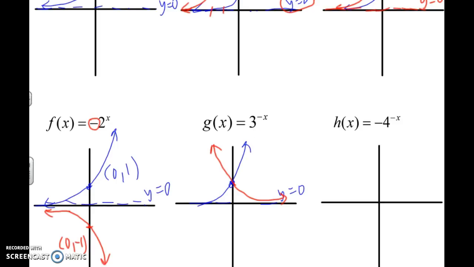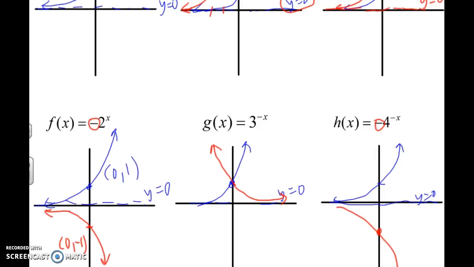And this is doing a little bit of both here. So if you start with the parent graph, and of course y equals 0 on the axis there is the horizontal asymptote. You're doing two things. So this is reflecting over the x-axis. It's going to reflect down to 0, 1, 0, -1.